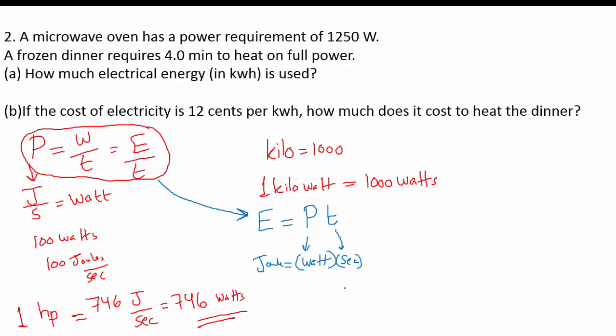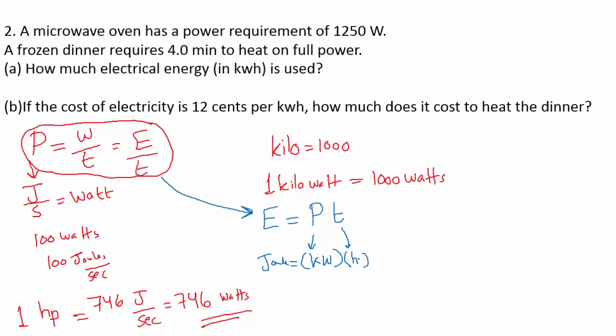Now, the electric company charges us with a unit much bigger. Instead of using watts here, they use kilowatt, which is 1,000 watts. And instead of time in seconds, they use time in hours.